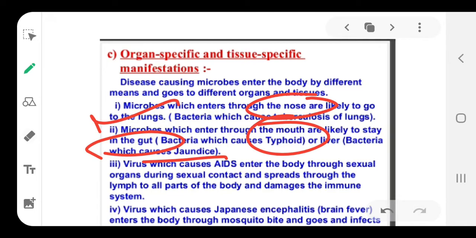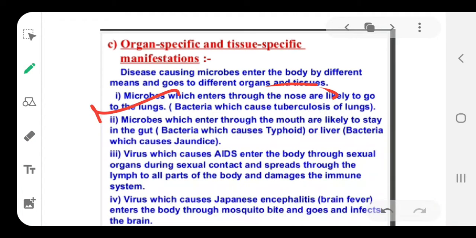Similarly, the virus that causes AIDS enters the body through sexual organs during sexual contact, and spreads through, underline the word, lymph, and damages the immune system.